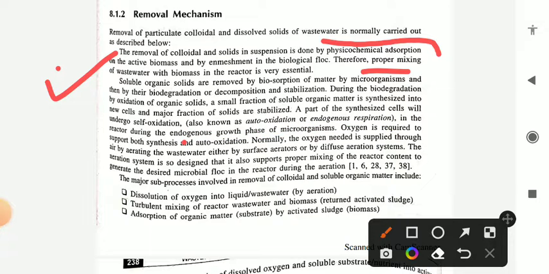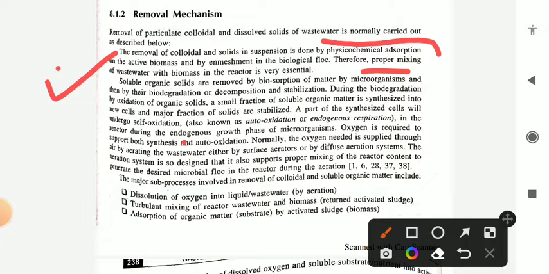In the reactor during the endogenous growth phase, oxygen is required by the microorganisms, which supports both synthesis and auto oxidation. Normally the oxygen need is supplied through air by aerating the wastewater, either by surface aeration or by diffused aeration systems, and the aeration system is designed so that it also supports proper mixing of the reactor contents and the desired microorganism flow in the reactor.